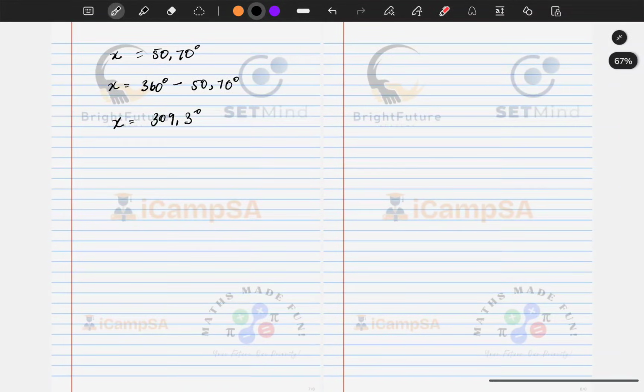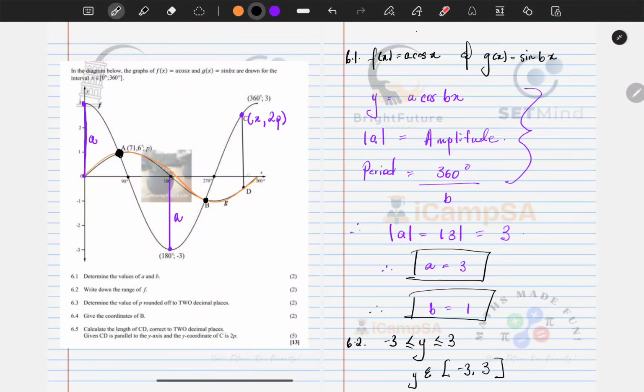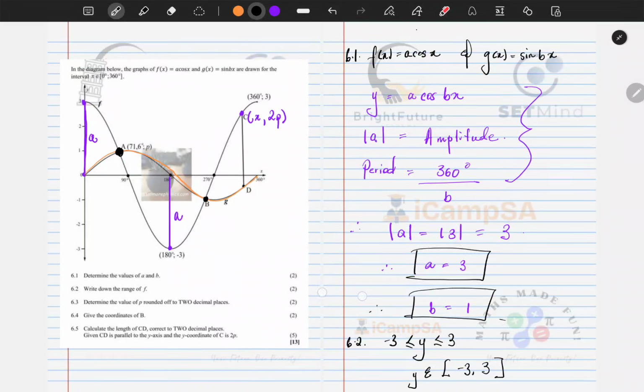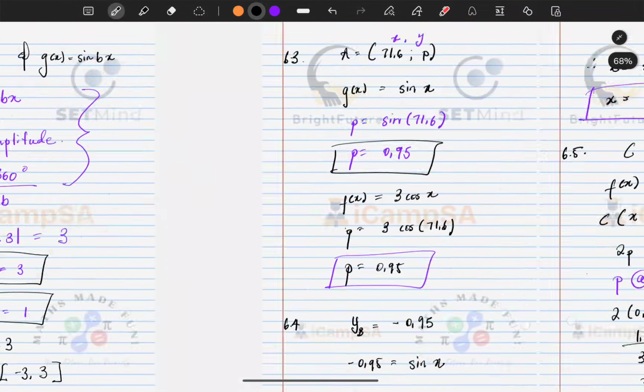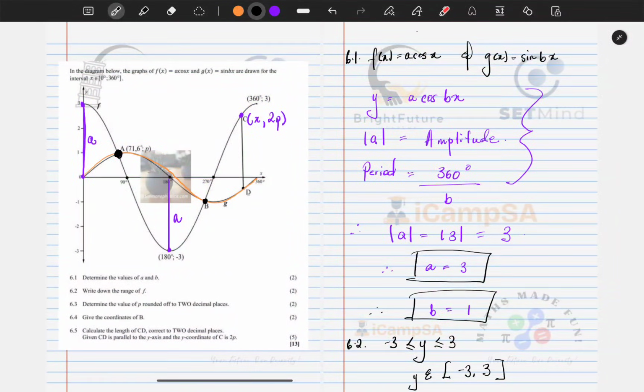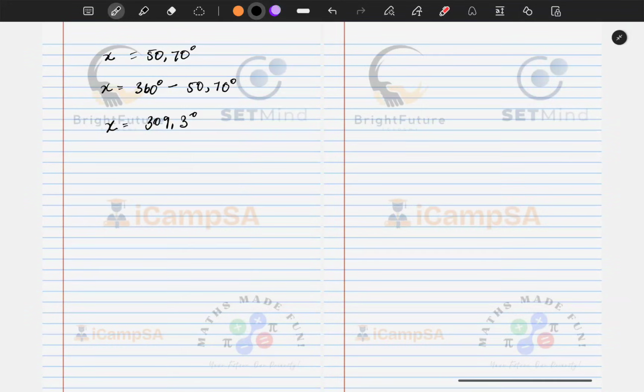So now we have x. So now if we have x, then we need to find what? We need to find d. Now we are working with d, right? So d, what is d? So d is at g of x, right?